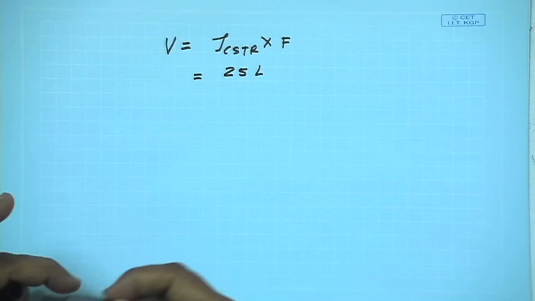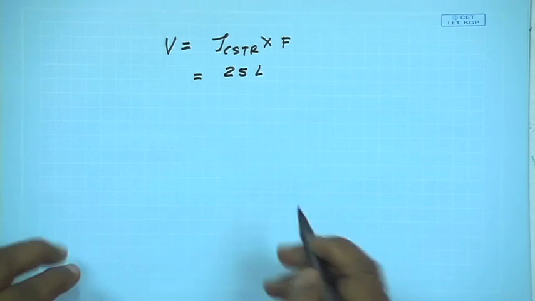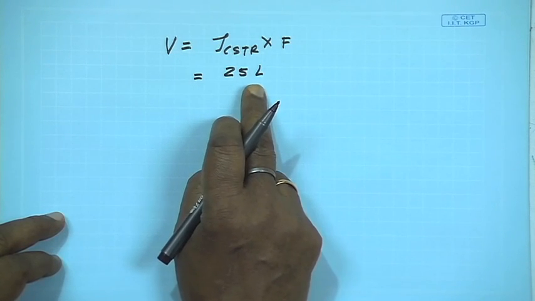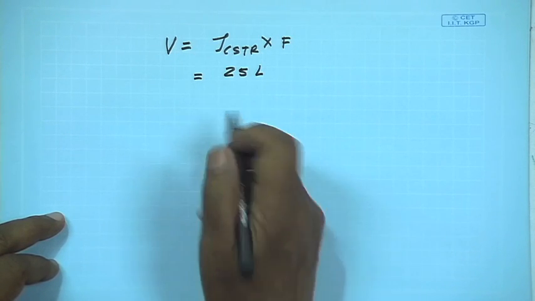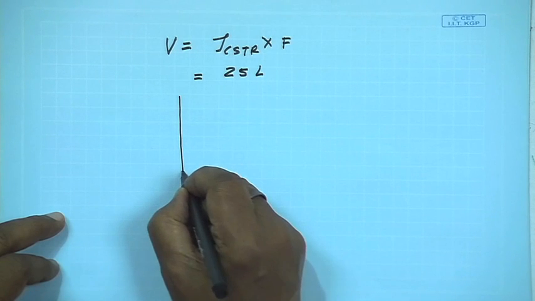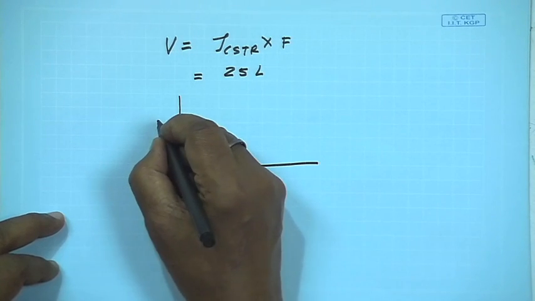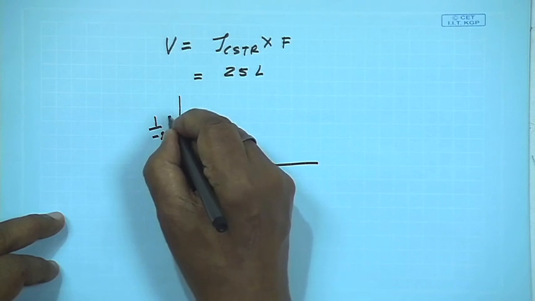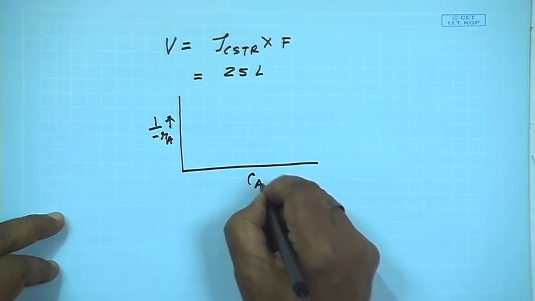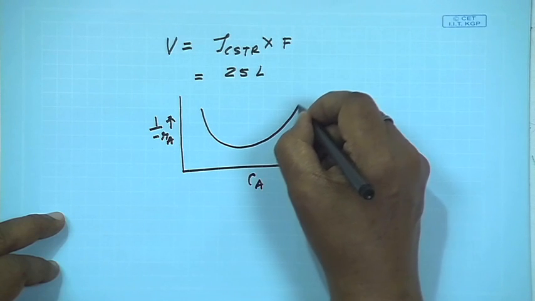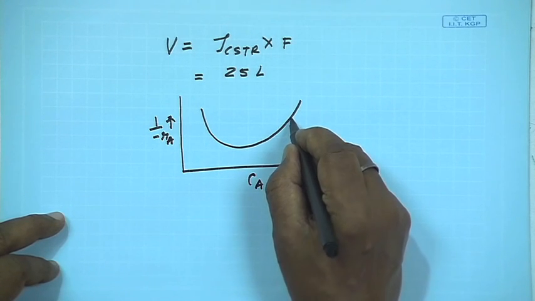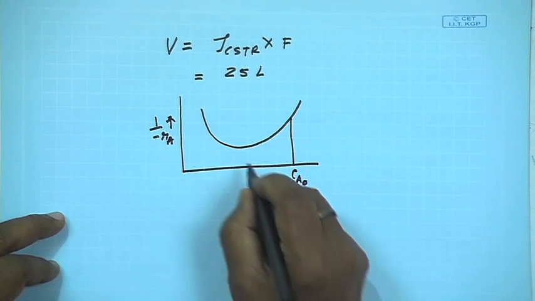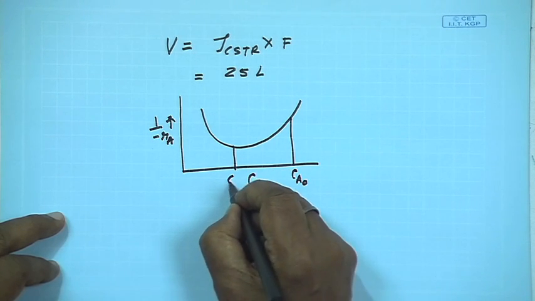Now, here there is an interesting thing. Through analysis we can determine this volume, but graphically also we can determine the volume of the reactor. How can we do that? Plot minus RA and CA like this. So, here maybe your CA0 and here might be your CA.